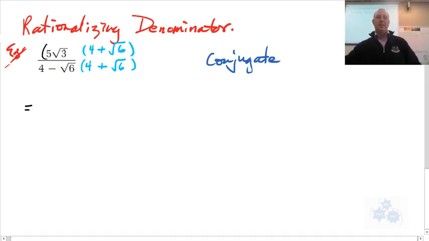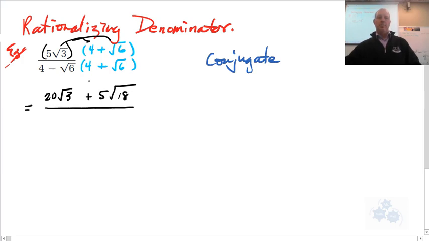So when we do that, this has to distribute. So that's going to be 20 root 3, so 5 root 3 times 4. And then plus 5 times 1, that's 5 root 18, 6 times 3. And this isn't simplified, I know that, but let's see what happens on the bottom.